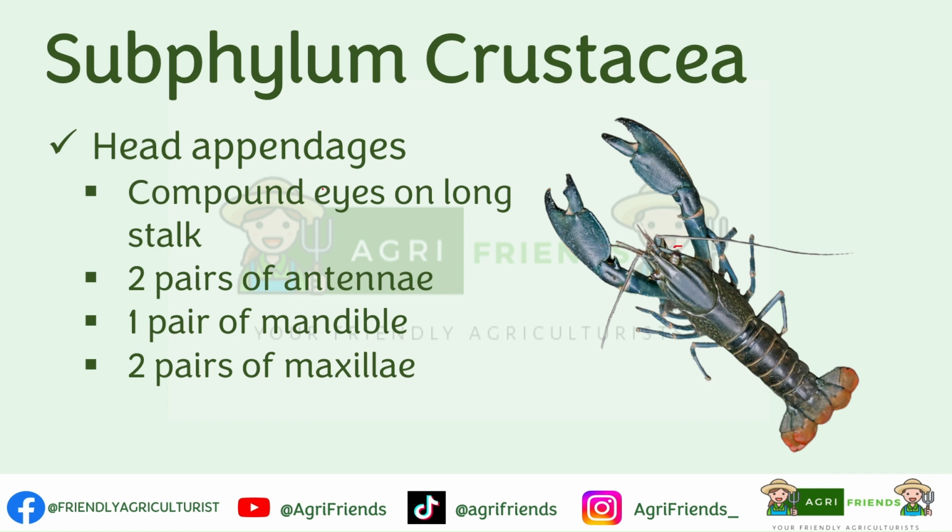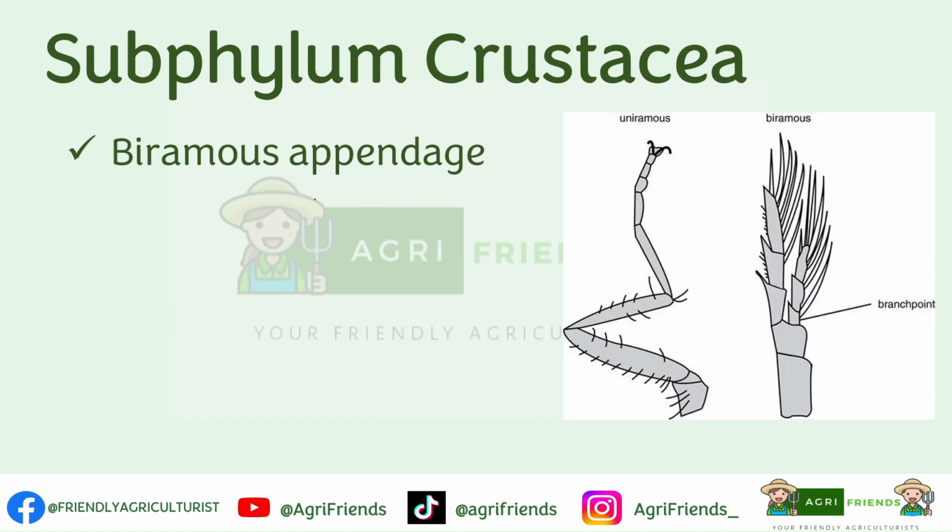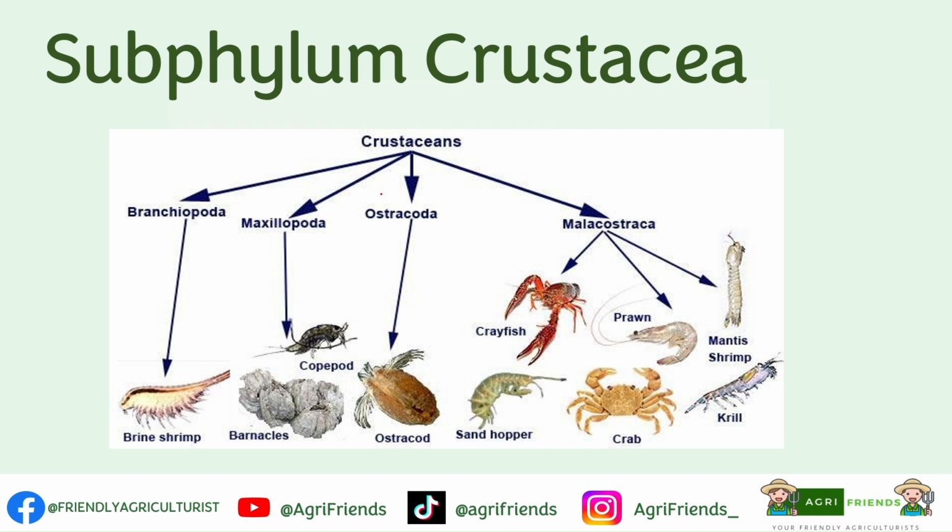As you can see here, the eyes are quite protruding. They have two pairs of antennae, one pair of mandibles, and two pairs of maxillae. They also have a biramous appendage. So when we say biramous appendage, it splits into two main branches from the basal segment. So this is the main branch point and these are the branches. So these are some examples of the animals under the subphylum Crustacea.